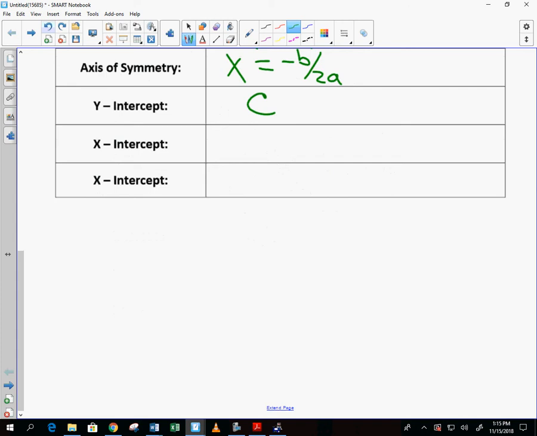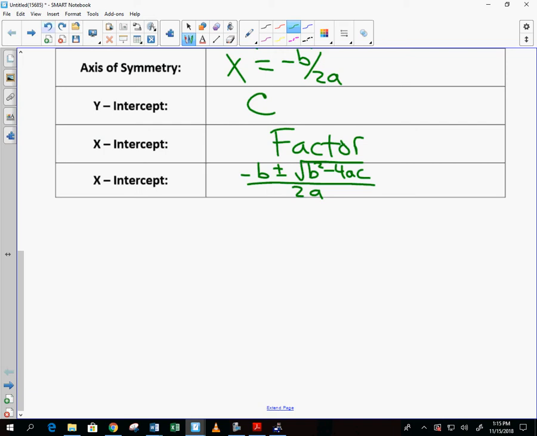To find the x-intercepts, you have two options. Factor or quadratic formula. Factor or quadratic formula. Those are your options.